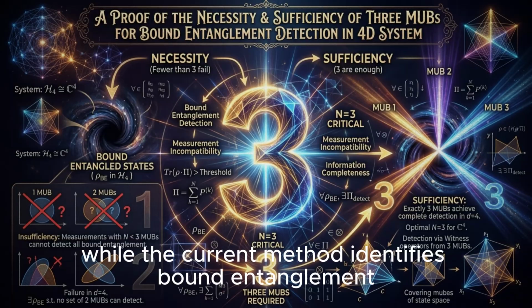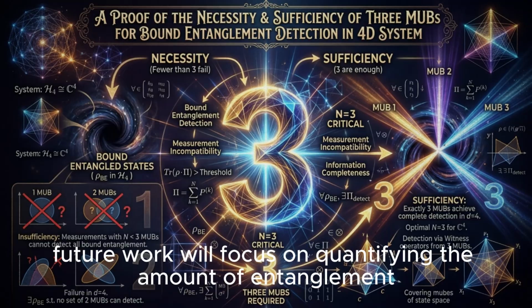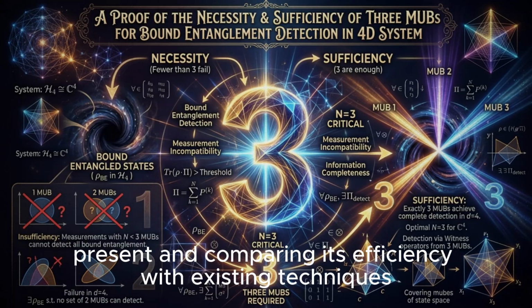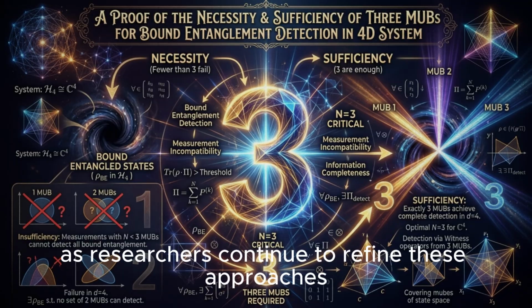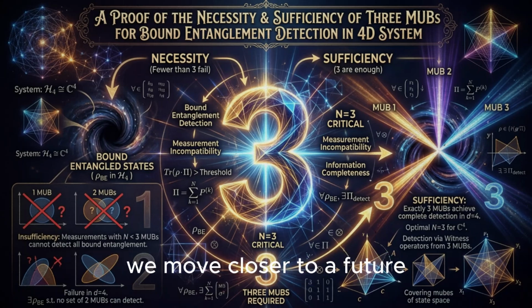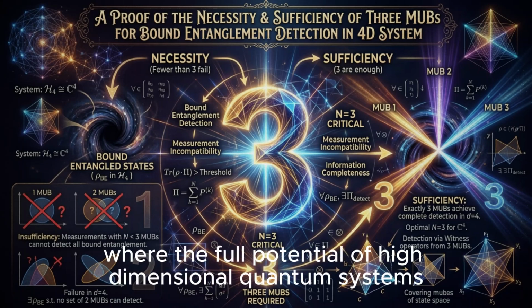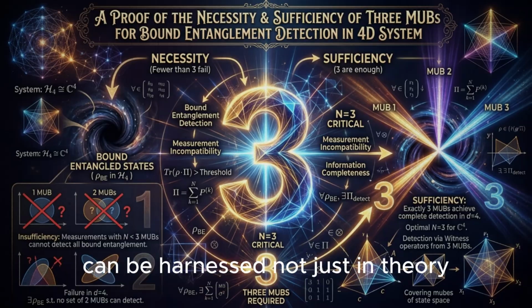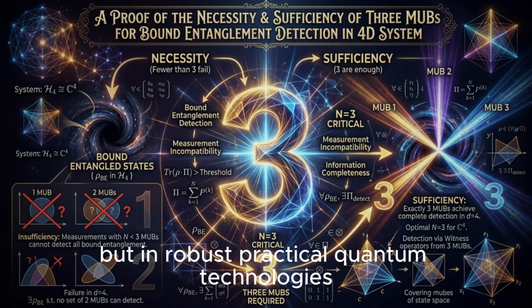While the current method identifies bound entanglement, future work will focus on quantifying the amount of entanglement present and comparing its efficiency with existing techniques. As researchers continue to refine these approaches, we move closer to a future where the full potential of high-dimensional quantum systems can be harnessed, not just in theory, but in robust, practical quantum technologies.